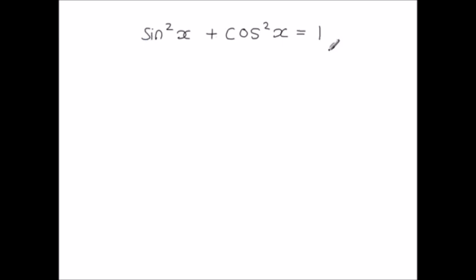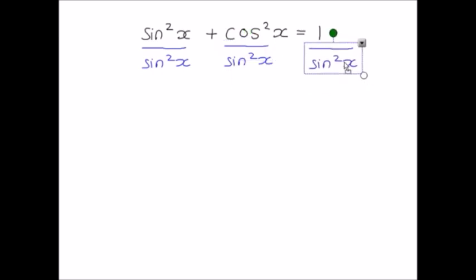Starting with this identity again, if I divide every term by sine squared x throughout, then we get sine squared over sine squared, which is 1, plus cos over sine. Now sine over cos is tan, so cos over sine is cot, but this is squared.